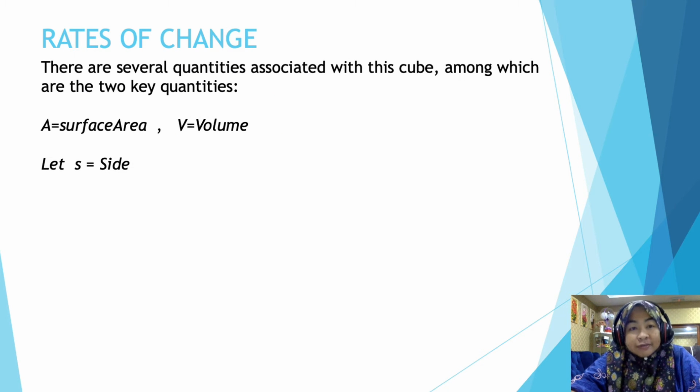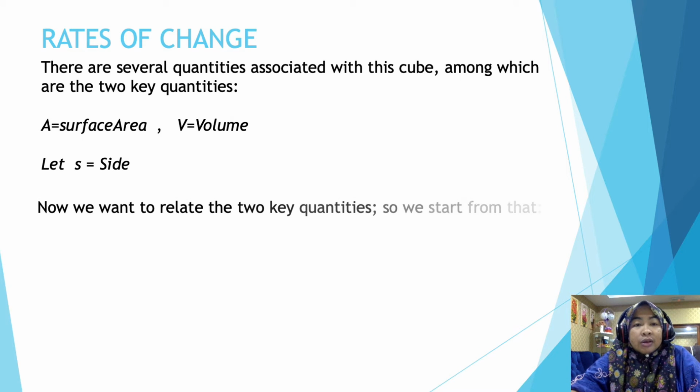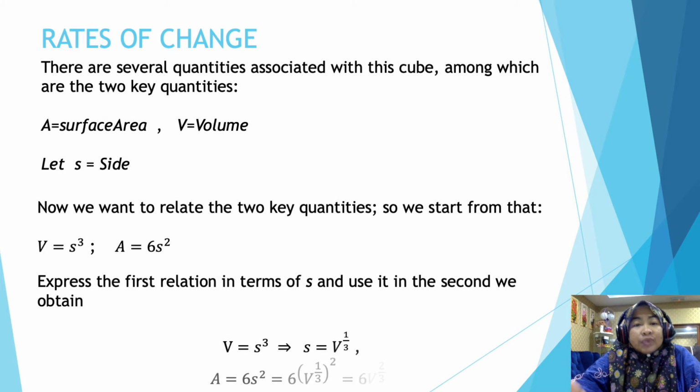Alright, so there are several quantities associated with this cube. There are two quantities, surface area A and volume V, and let S be the side. Now, we are going to relate these two key quantities, volume and surface area.